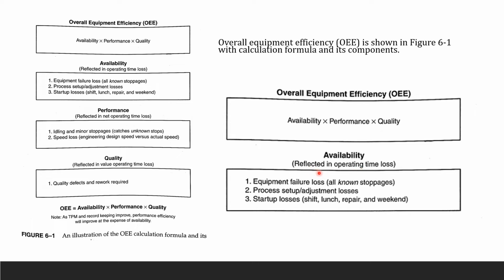Availability is reflected in operating time loss. It's your equipment failure loss, all known stoppages, for example process setup adjustment losses, startup losses. So your shift, your lunch, your repair, and your weekend. That's how we consider availability.